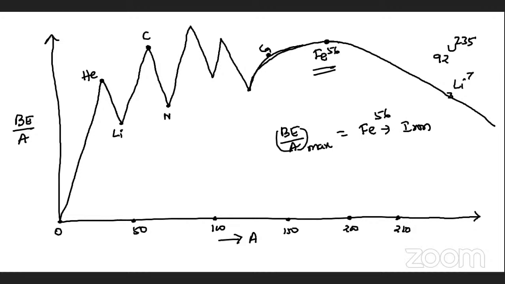Keep the heading as variation of binding energy per nucleon with mass number.